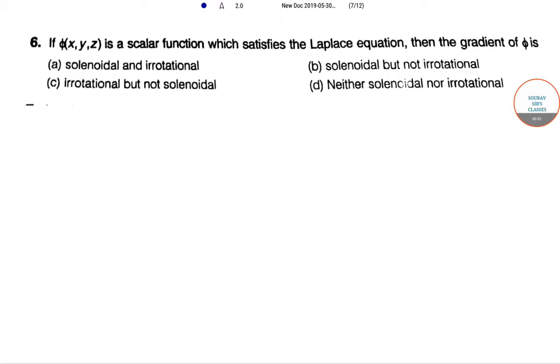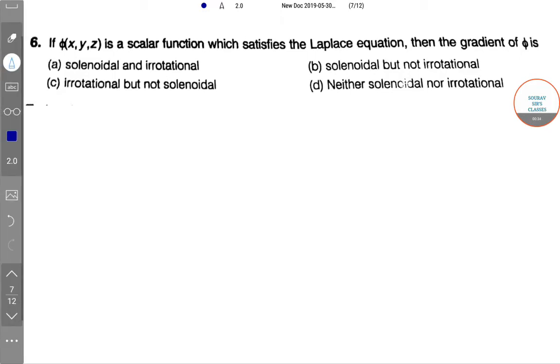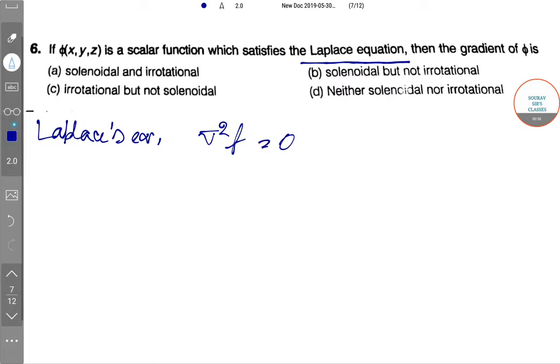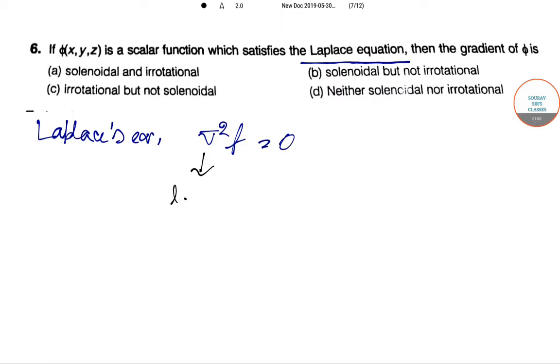Okay, so here the main thing is the Laplace's equation. So what is Laplace's equation? Laplace's equation is del square f equals 0.